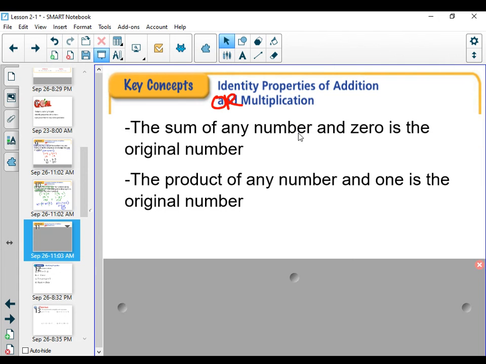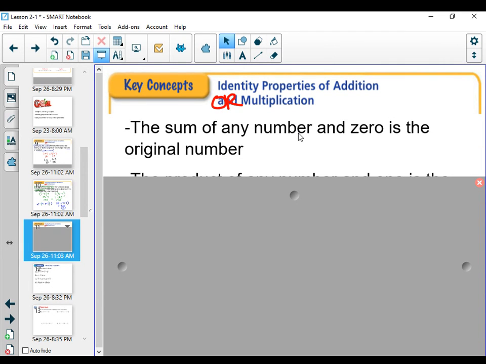The last one actually has 2 parts. Identity property. You're going to need to pause. The sum. Sum has 3 letters like the word add. Any number and 0 is the original answer.